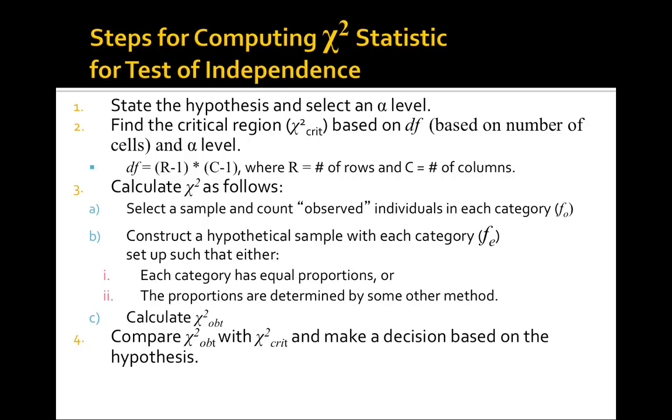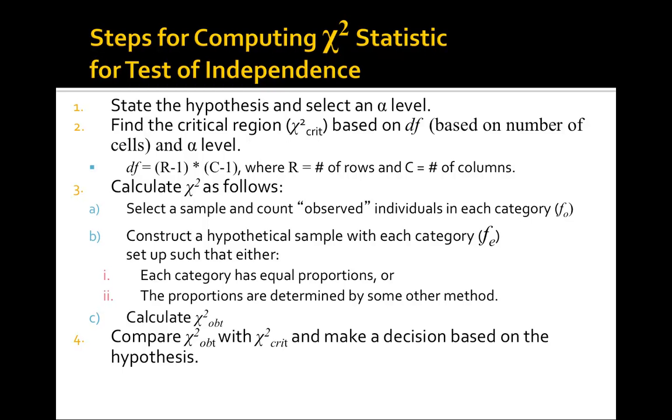The steps for computing a chi-square test of independence are similar but slightly different. As before, we state the hypothesis and select an alpha level. We find the critical region based on the degrees of freedom. For the chi-square test of independence, the degrees of freedom are the number of rows minus 1 times the number of columns minus 1. We calculate chi-square by selecting a sample and counting the observed individuals in each category.